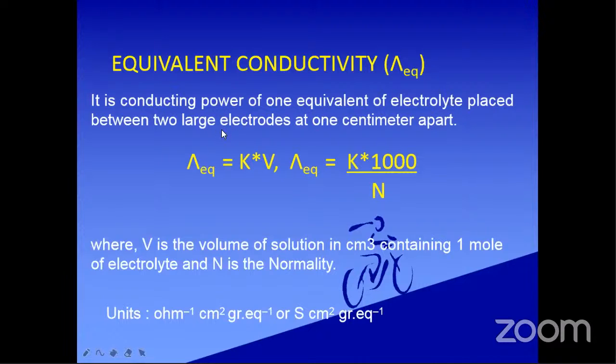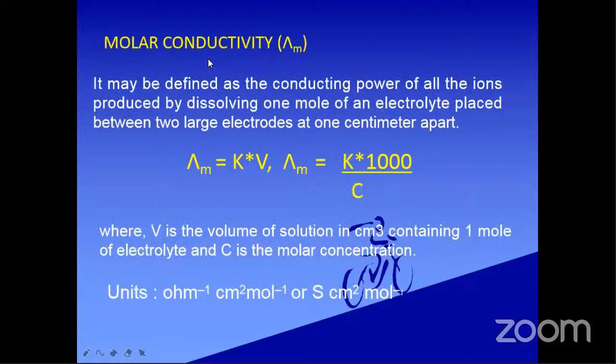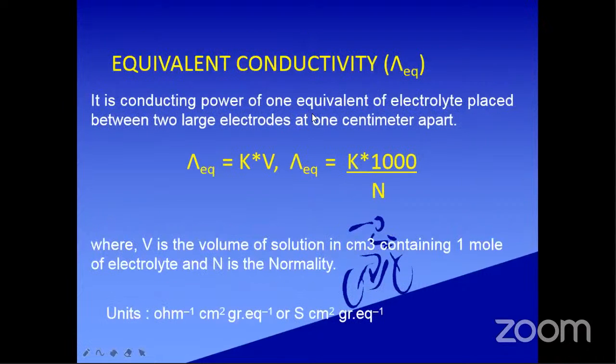See the difference here: molar conductivity means one mole of the substance is dissolved, while equivalent conductivity means we take one equivalent. Equivalent weight equals molecular weight divided by valency or number of electrons transferred in a chemical reaction.